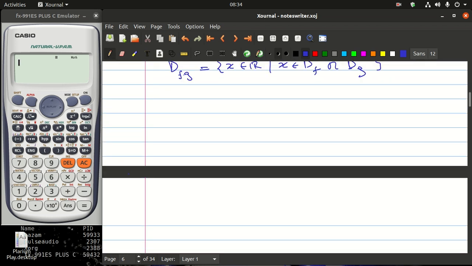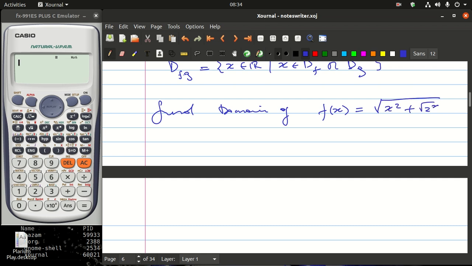For instance, let's say I were to say find the domain of f of x equal to the square root of x squared plus the square root of 2 to the power x, all over x squared plus 1.